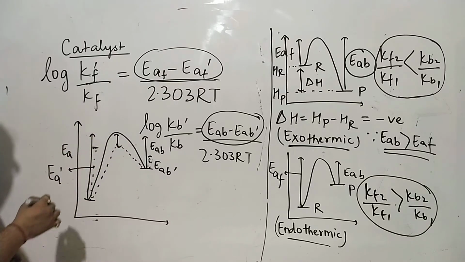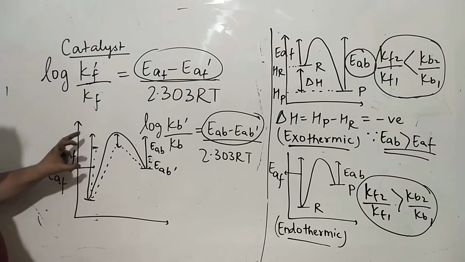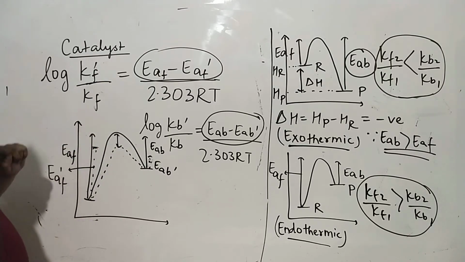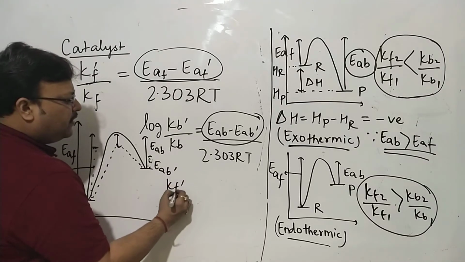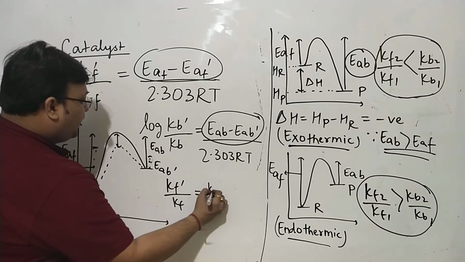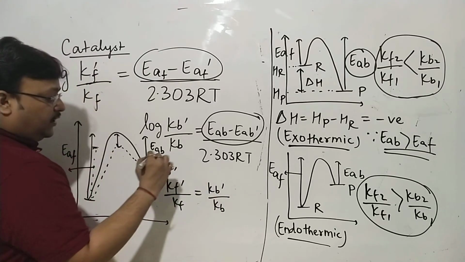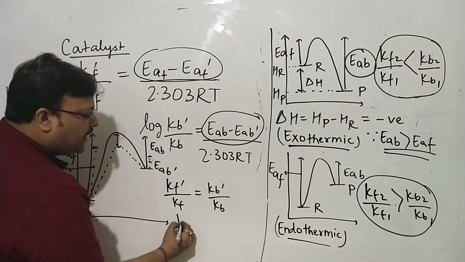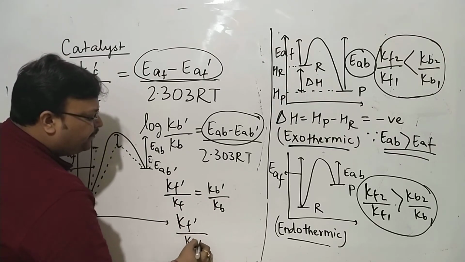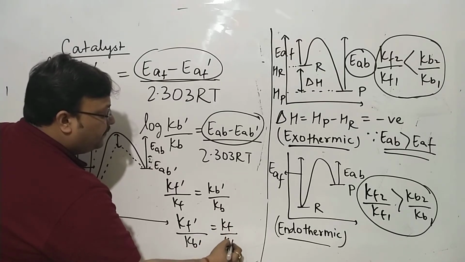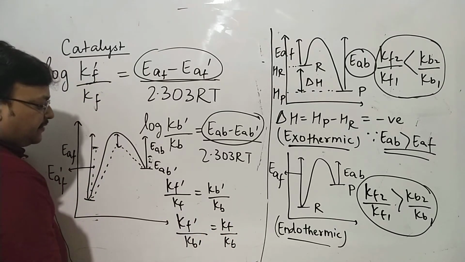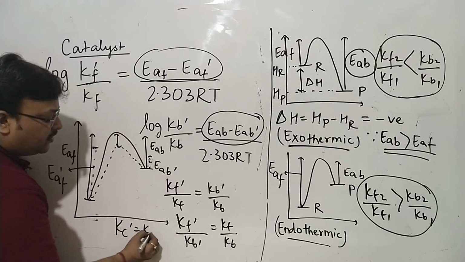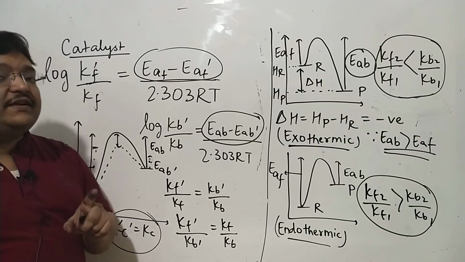If EAF minus EAF prime is the same as EAB minus EAB prime, this means the change of Kf prime and Kb prime will be equal, and then naturally Kf prime upon Kb prime will be the same as Kf upon Kb, which means Kc prime will be the same as Kc. So there is no change in the yield.